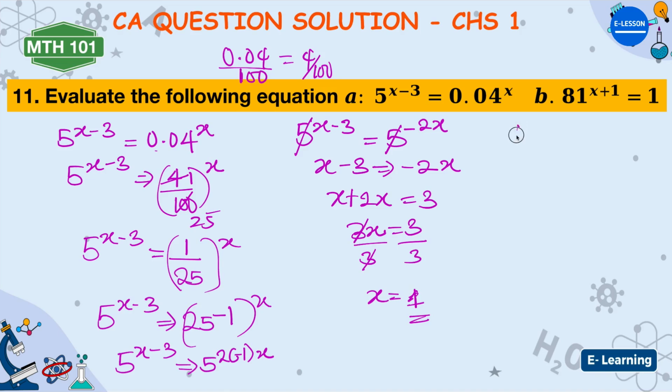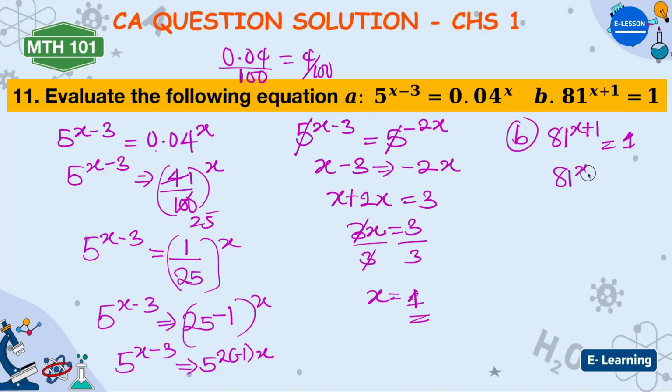That is for the first one. For the second one, you have 81 to the power of x plus 1 equals 1. Raise 81 to the power of 0, and that will still give us 1.